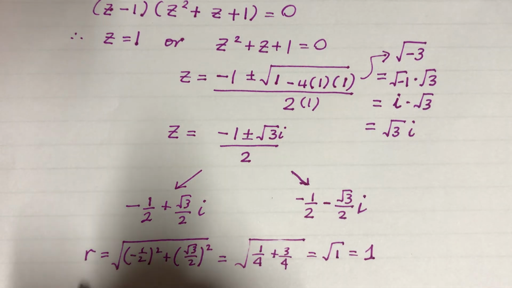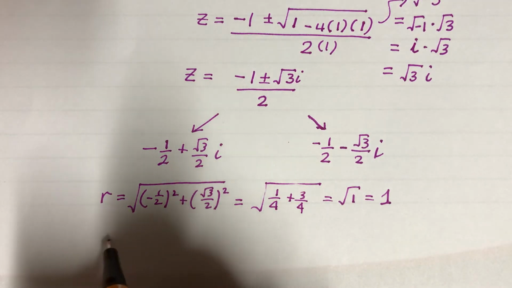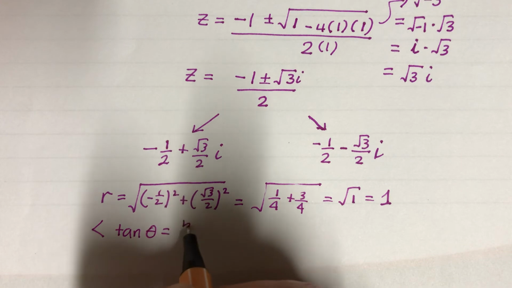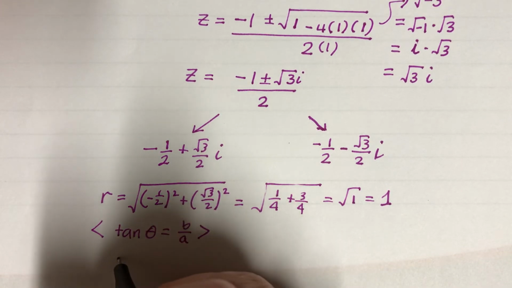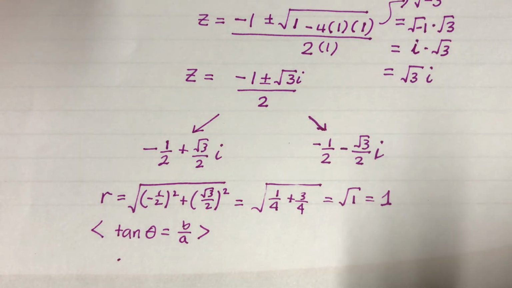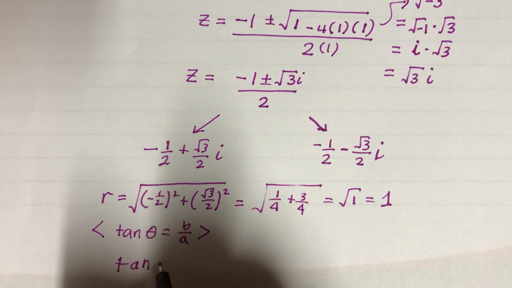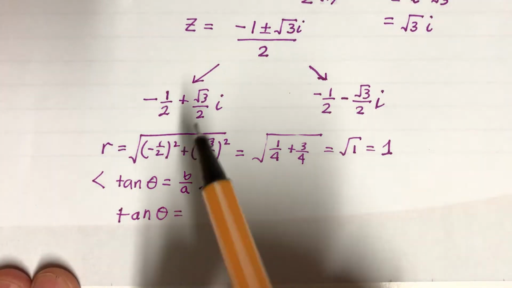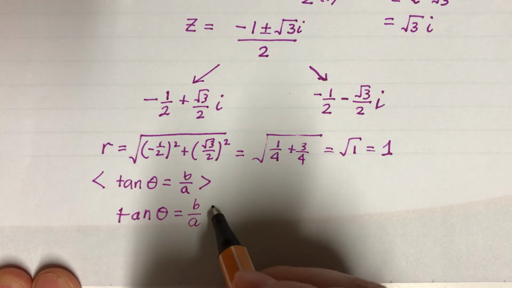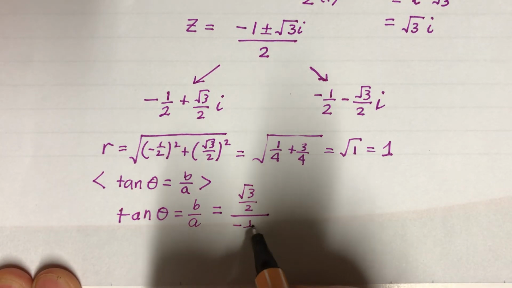Now theta, the argument. So that's my modulus. My argument is, do you remember the formula? So I'm just going to write it here. Because b over a, theta will be inverse tan of b over a. So we'll get that tan theta equals, for this one, we could put b over a, which will be root 3 over 2 all over minus 1 over 2.